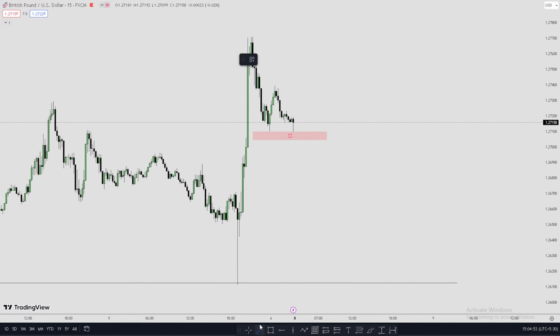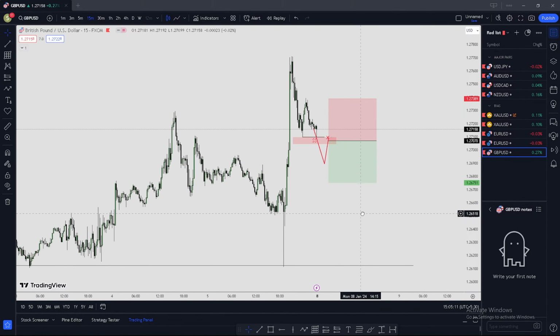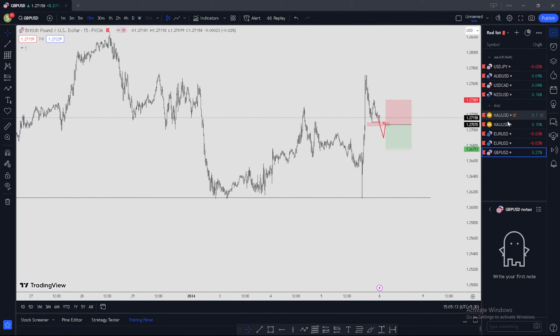The moment I get a break of structure below this, I'll be willing to short my position. I'll definitely be planning to sell around here. So this is again a pair that I will be trading.